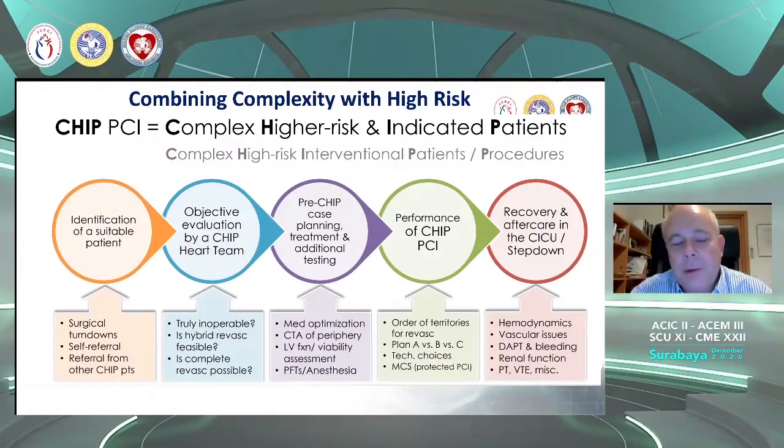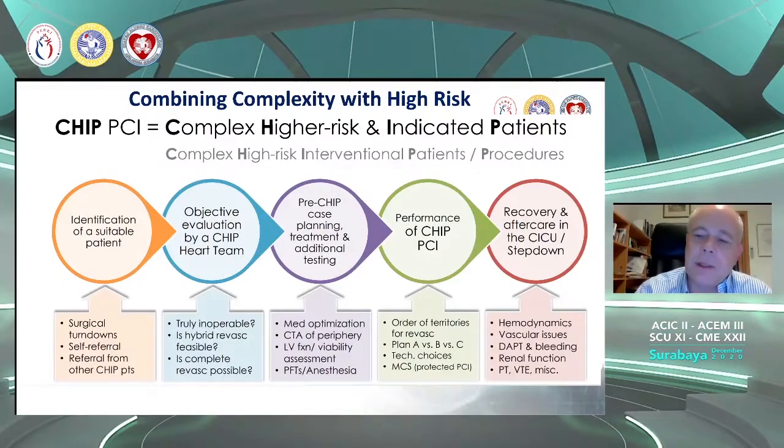And you have to look upon the number of points here before, and you have to identify is the patient suitable. Is there an objective evaluation by a CHIP heart team? You have to plan the case, the treatment, and possibly additional testing. And then you do the actual performance of the CHIP PCI, which is the abbreviation for complex high-risk indicated patients.